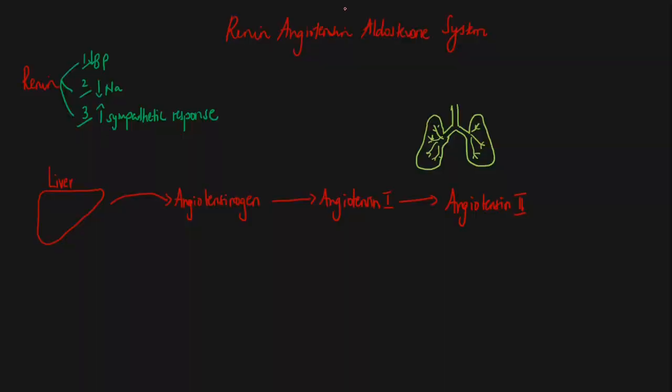So to understand the Renin Angiotensin Aldosterone pathway, it's quite important to see the reasons behind the secretion of renin. We have three broad categories: low blood pressure, low amounts of sodium detected by the nephrons, and an increase in sympathetic drive. Let's have a look at them in a bit more detail.